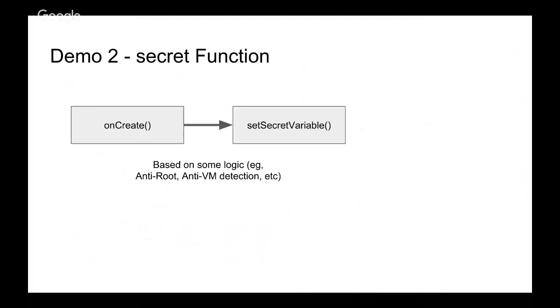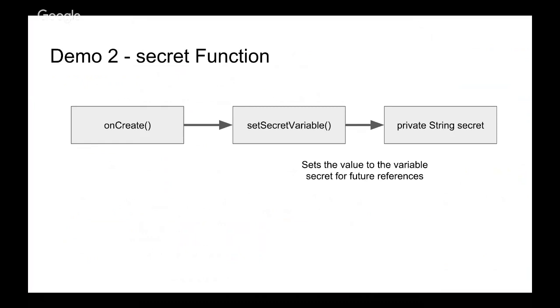Say, based on some logic, for example anti-root or anti-VM detection, it calls this function and then sets the value to the variable secret for future references. This can also be, for example, dynamically generated passwords or private keys. After they meet some condition, they are set to some variable.